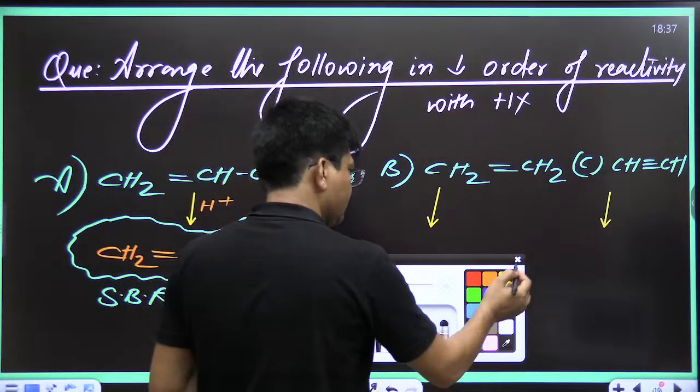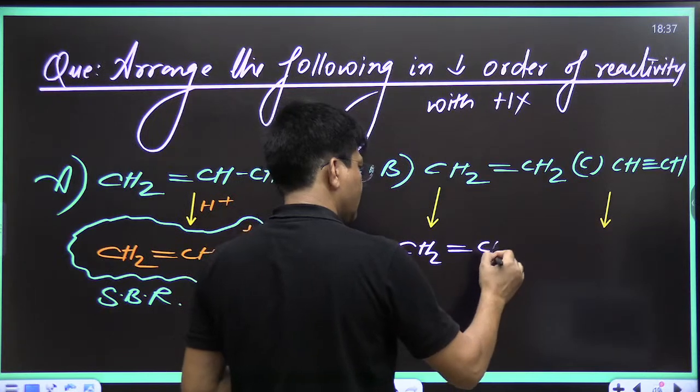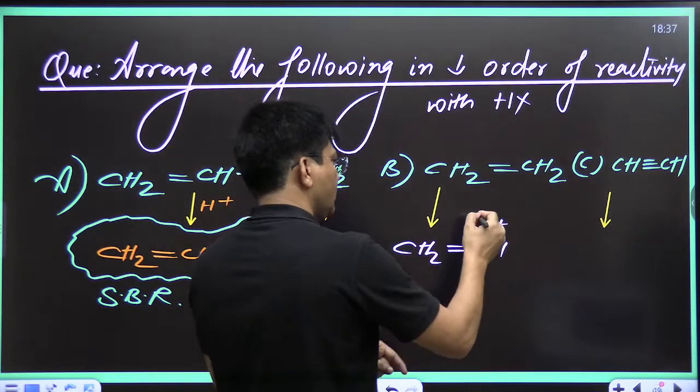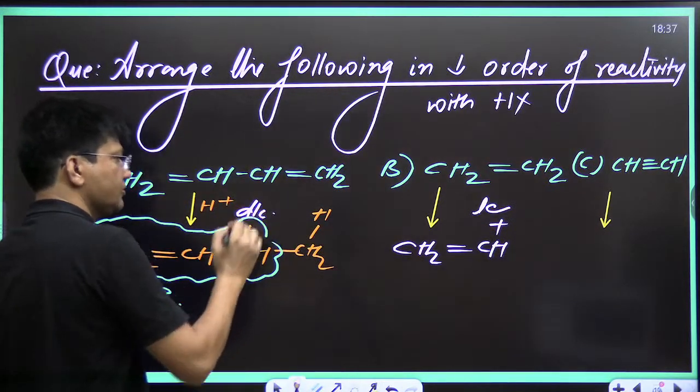Now if you see this carbocation, CH2 double bond CH positive, this is localized. This charge was delocalized.